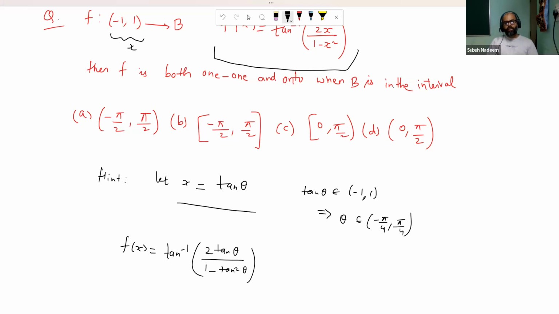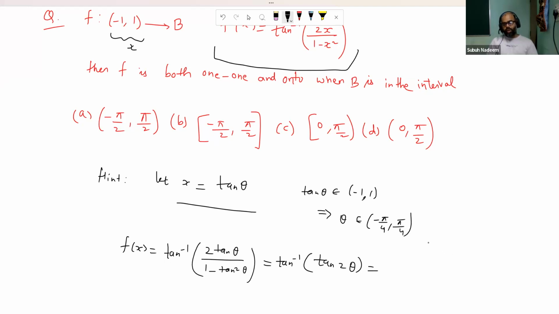What will be 2 tan theta by 1 minus tan square theta? Tan 2 theta. Tan 2 theta is 2 tan theta by 1 minus tan square theta.